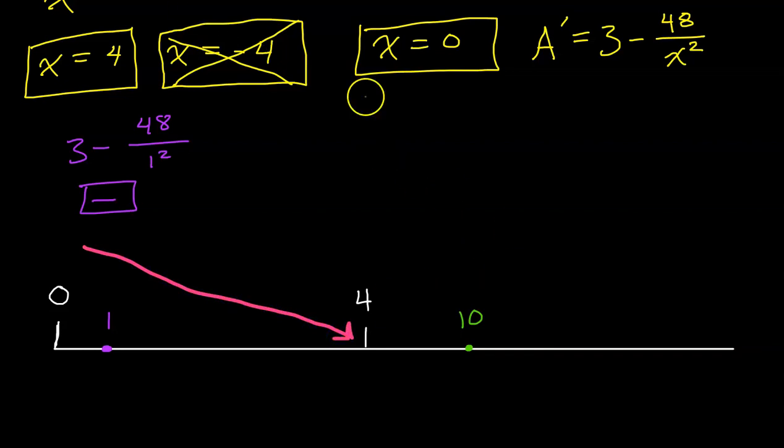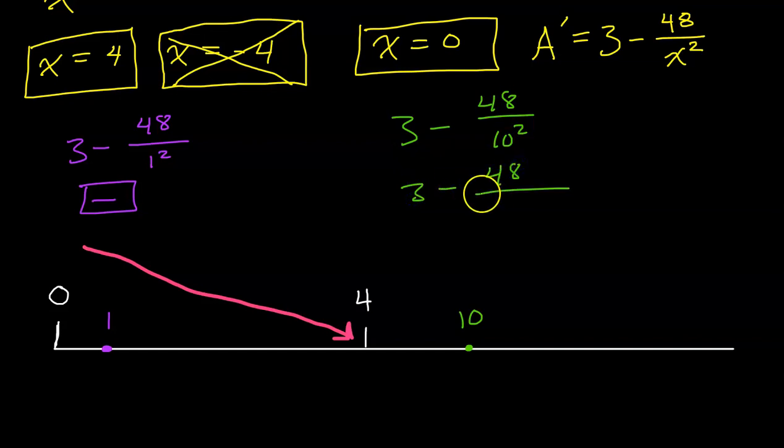Now let's look at 10. 3 minus 48 over 10 squared. That'll be 3 minus 48 over 100. And dividing by 100 means you move the decimal point 2 times to the left. So this is 3 minus 0.48.